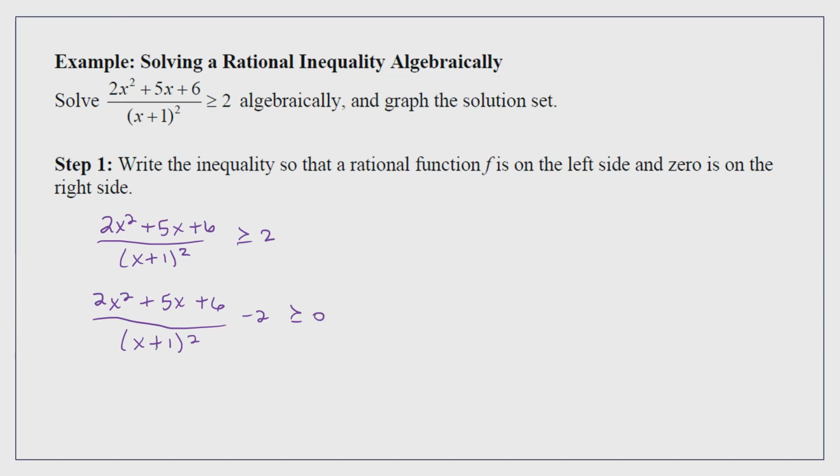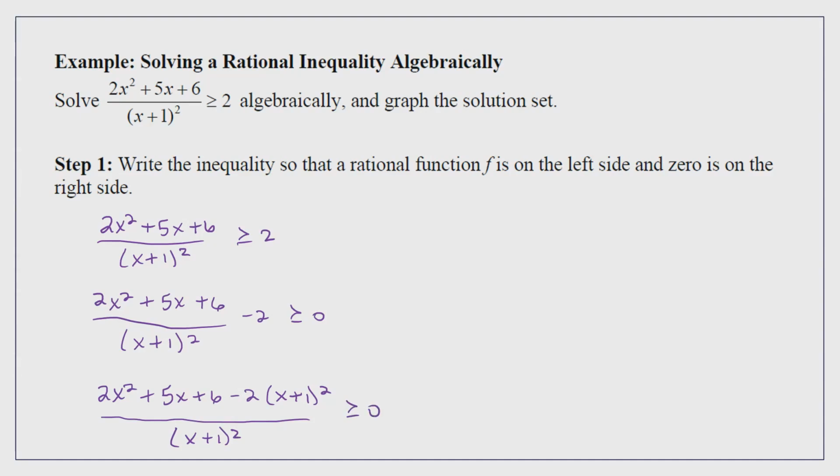So we can multiply the term -2 by the denominator, x plus 1 squared. So that's 2x squared plus 5x plus 6 minus 2 times x plus 1 squared, all over x plus 1 squared, greater than or equal to 0.